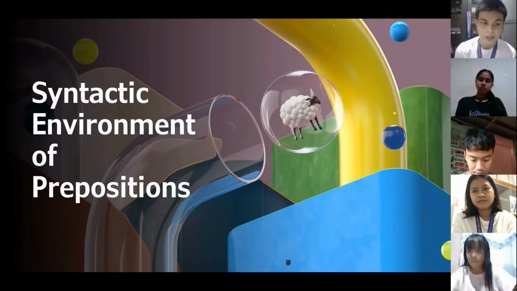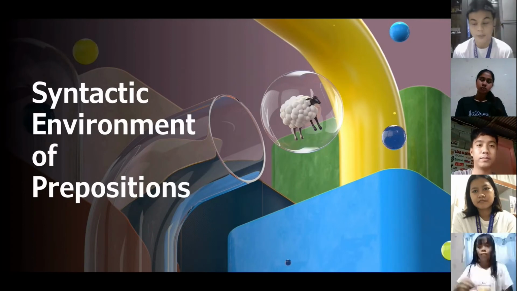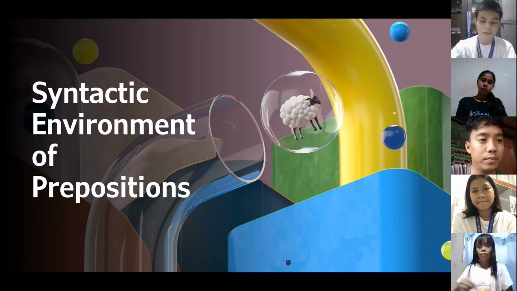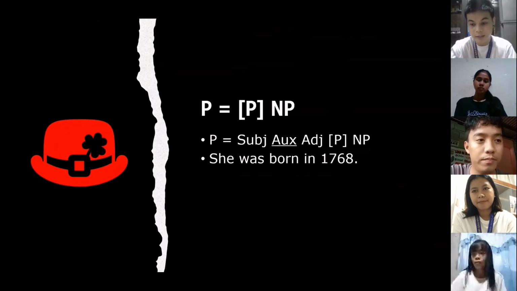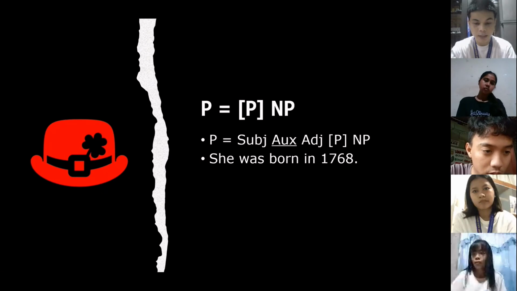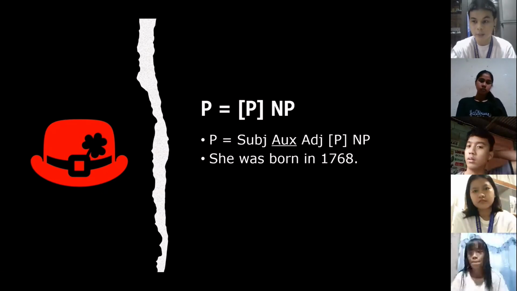So now let's move on to the syntactic environment of prepositions, or let's delve into the world of syntax. As you know, there is a formulaic pattern in terms of the correct usage of word classifications, such as prepositions. If there is one for nouns, there's also something incorporated for prepositions.